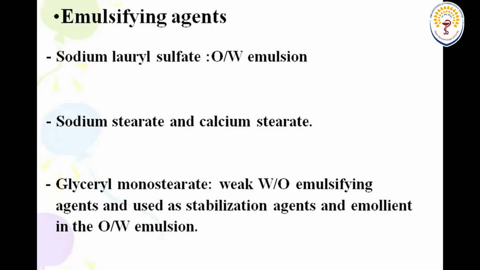These are examples of emulsifying agents: sodium lauryl sulfate, which produces oil in water emulsion, sodium stearate and calcium stearate, glyceryl monostearate, which produces weak water in oil emulsion and is used as stabilizing agent and emollient for oil in water emulsion.